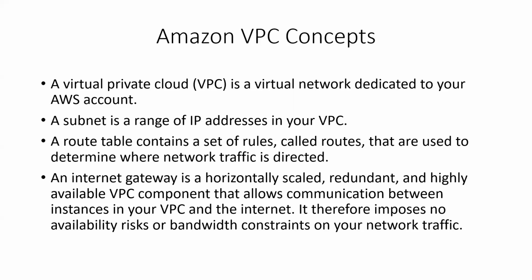Venkat, quick question. Suppose you have a VPC and you want to talk to a third-party vendor, not the internet, but a third-party vendor. Do they have to go through the internet gateway? Yes, there are a couple of ways actually.